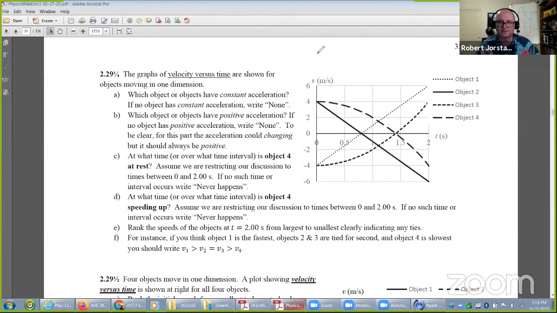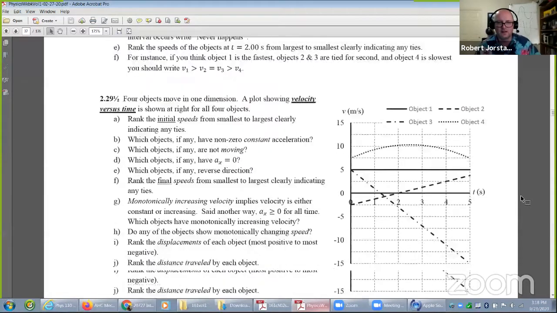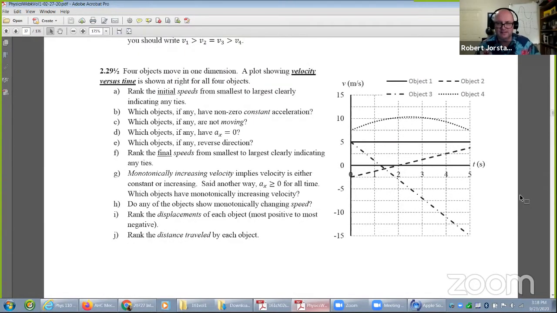Let me clear my drawings. So we're going to try and do this. And you can see this plot has 4 different objects on it: object 1, 2, 3, 4. And you can see there's 4 different curves here, and what we want to do is analyze these curves. Each curve has a different pattern.